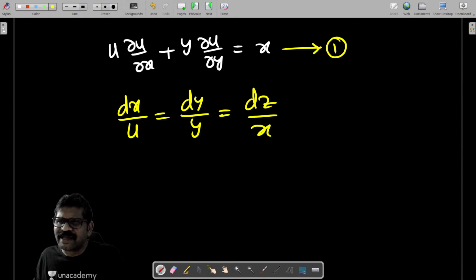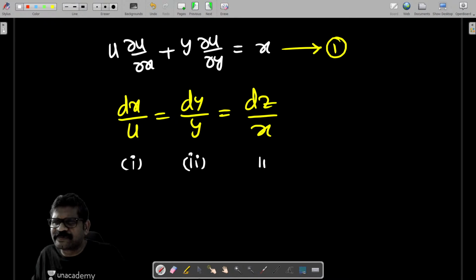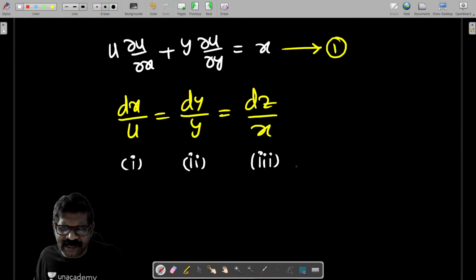Now this is 1, 2, 3. So we have to take simultaneous equations. First I am taking 1 and 3.